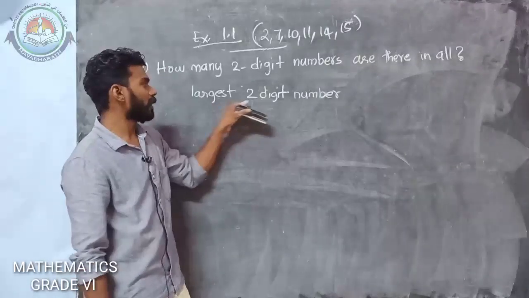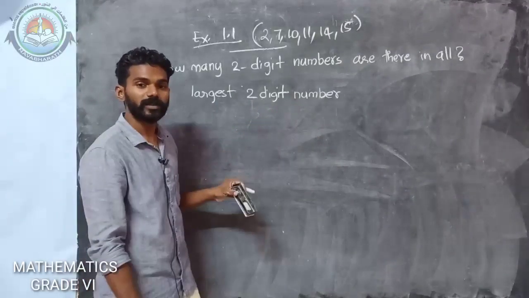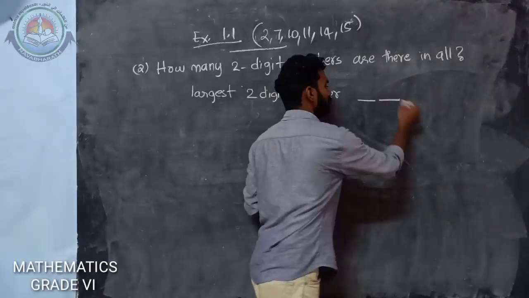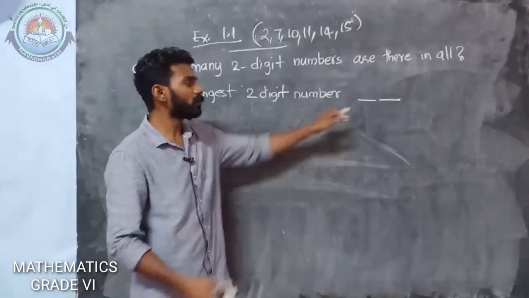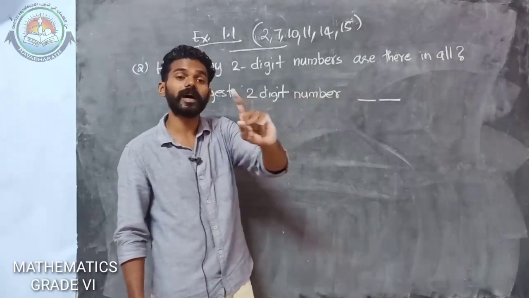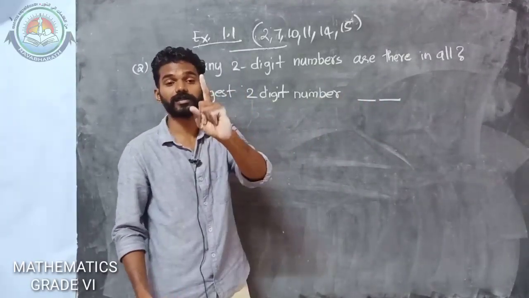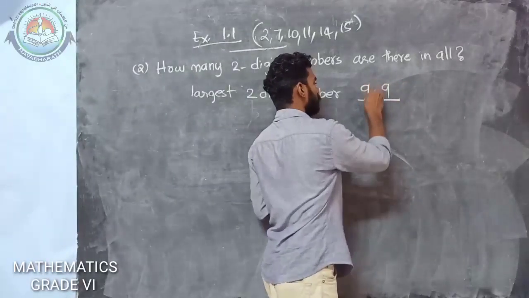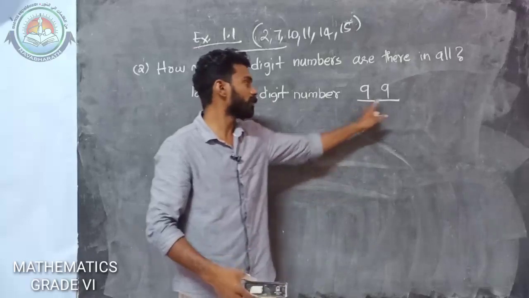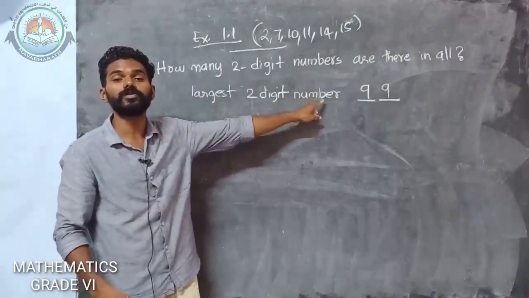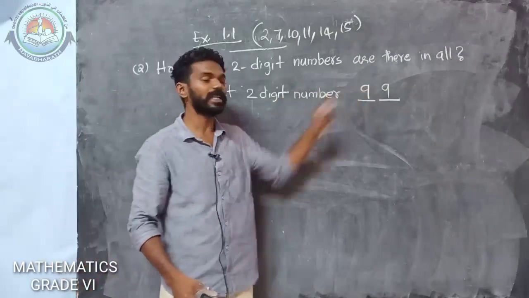For finding the largest two-digit number, two-digit means there would be two places, and you should fill these two places with the largest digit. Which is the largest digit? 9. So fill both places with 9 so that you get the largest two-digit number, which is 99.